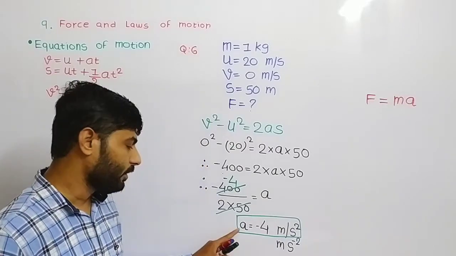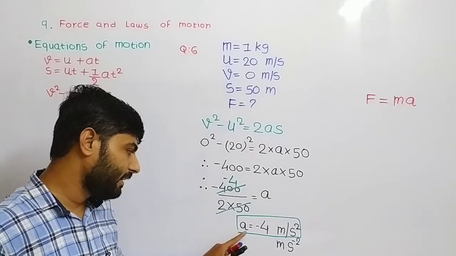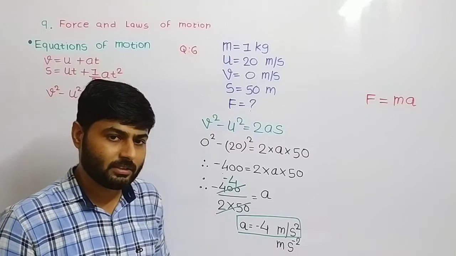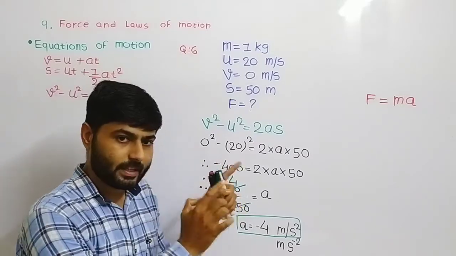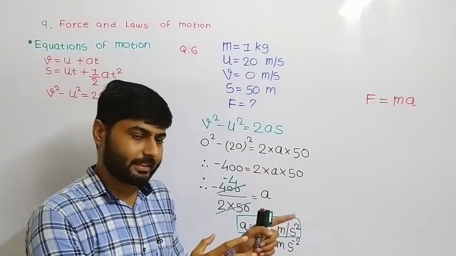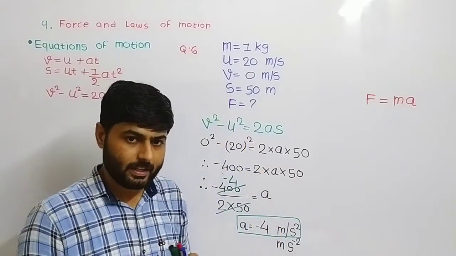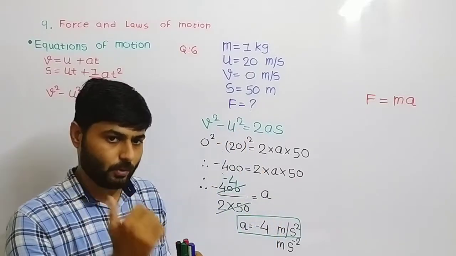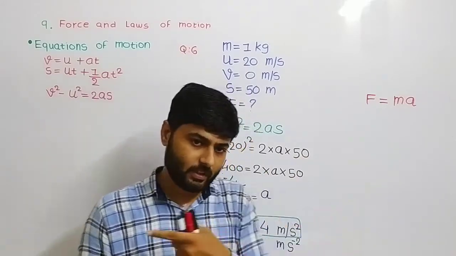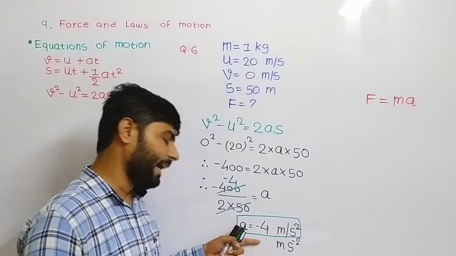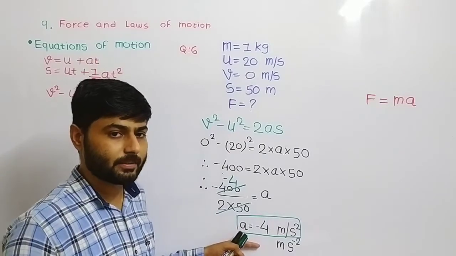Now you may have a question: why is this acceleration minus? Because the force applied on the object, that is the stone, is in the opposite direction. The force applied by the surface, that is the frictional force, is in the opposite direction. So this acceleration will be minus.